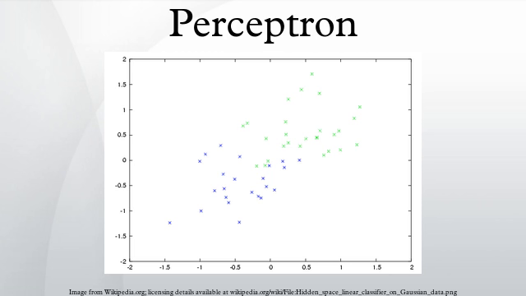Psychological Review, v65, No. 6, pp. 386-408. Rosenblatt, Frank. Principles of Neurodynamics. Washington, D.C.: Spartan Books. Minsky M. and Papert S. 1969. Perceptrons. Cambridge, Massachusetts: MIT Press.